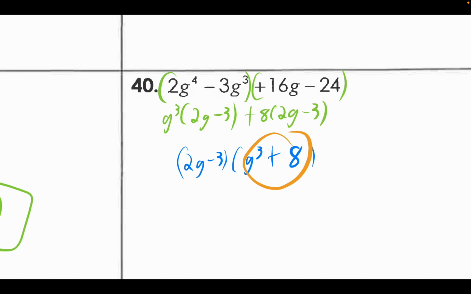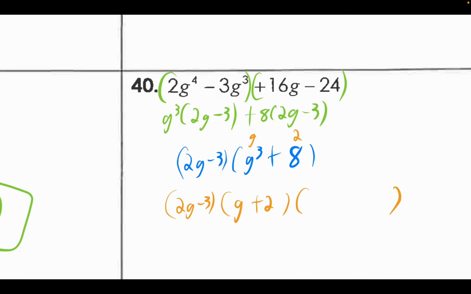And this is a sum of two cubes. So g is the cube root of g cubed, and 2 is the cube root of 8. So we have 2g minus 3 for one factor, and g plus 2, following the rule, and g squared minus 2g, g times 2, and then plus 2 squared, which is 4.